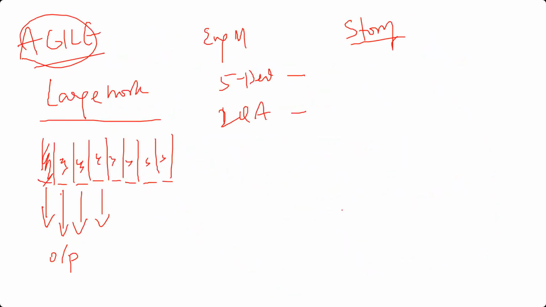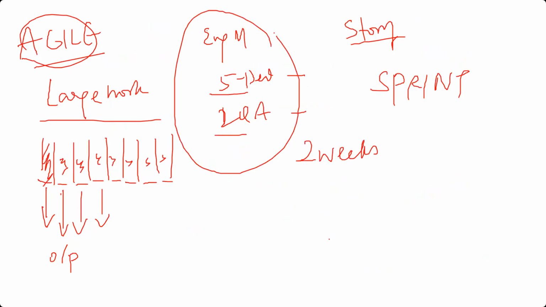What is that short duration? They call the short duration a sprint. Typically a sprint is 2 weeks. So all the developers and the QA team who are part of the same team work on one or more stories for 2 weeks.